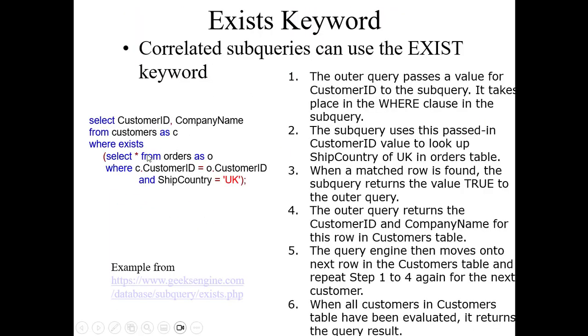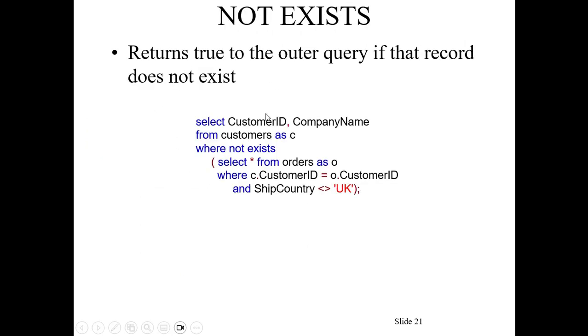But when you use exists, notice all we care about is true or false. Did a record return for that customer? True? Well, since this is exists, if it's true, we'll print it out. Well, here's not exists. So if a record does not return, then it displays. We want to know who didn't get anything from the UK.